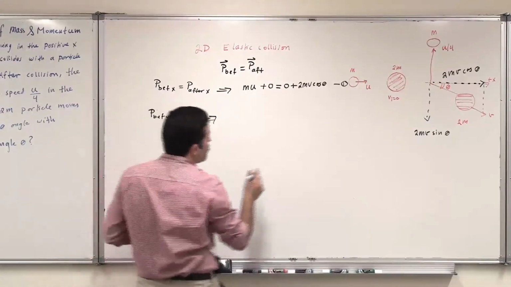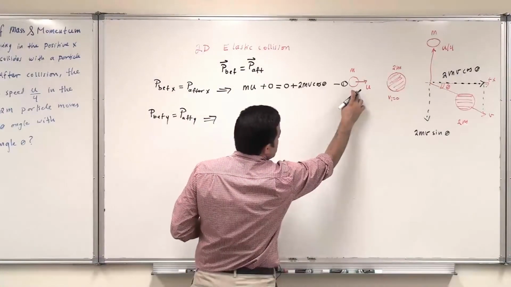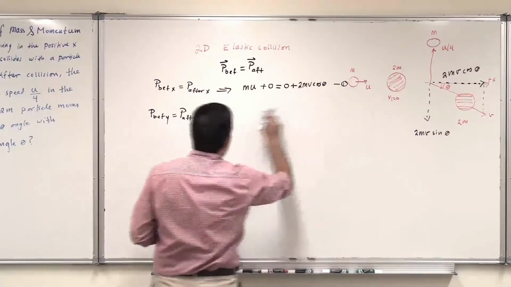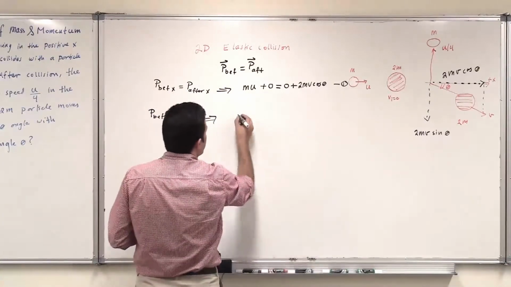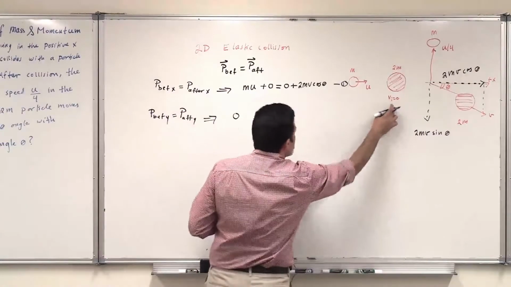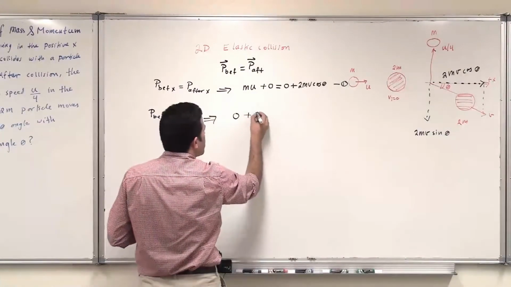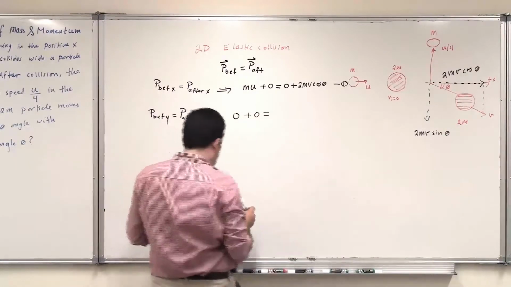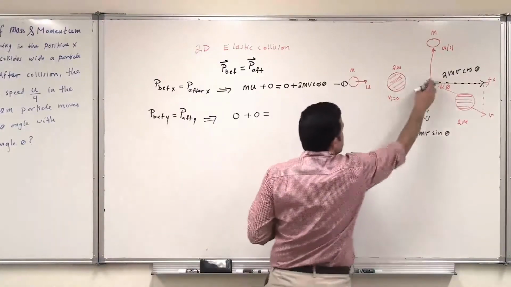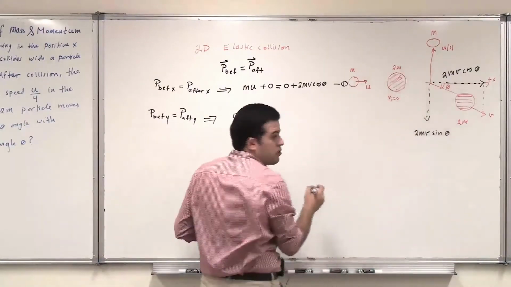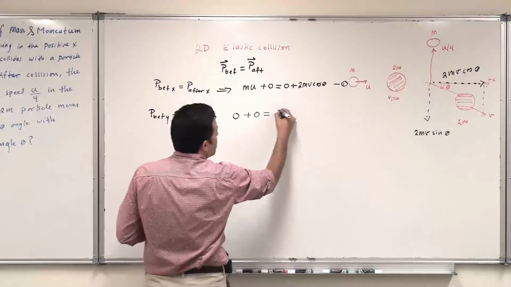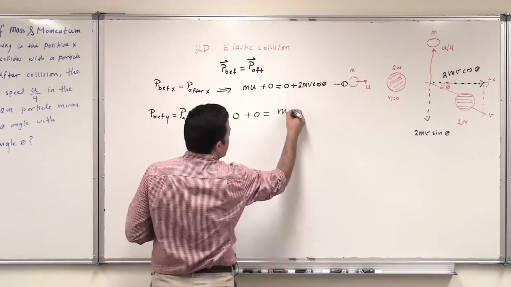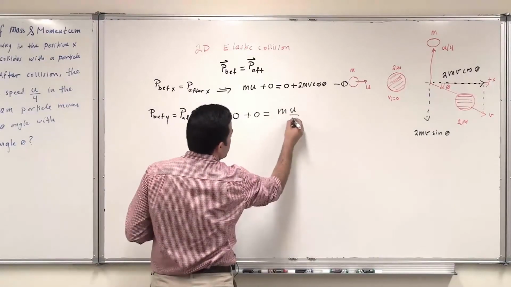For y, notice that before the collision, this mass doesn't have a component for the momentum, so it is 0. And similarly, this one is at rest before, so it is also 0. This should equal the y component of this, which is a positive component because it is along the positive y, and it should be m multiplied by the new velocity, u divided by 4.